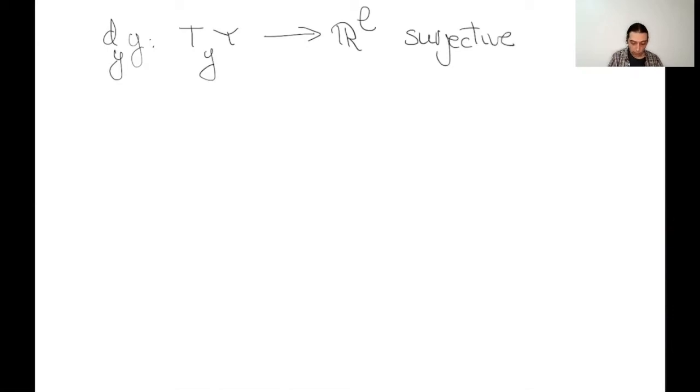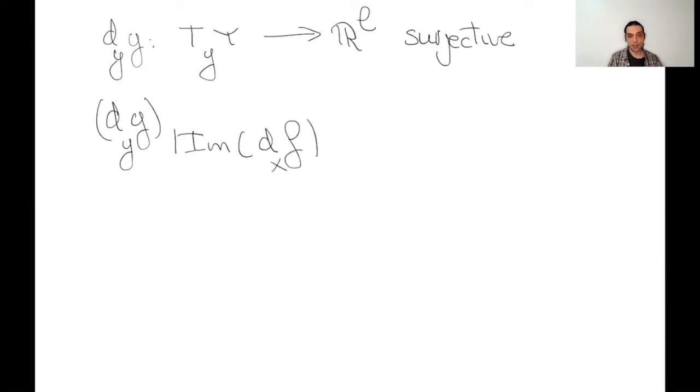And what we want actually is restricting this map to the image of the differential of F at the point x. And the condition that we actually need is that this restriction is still surjective.